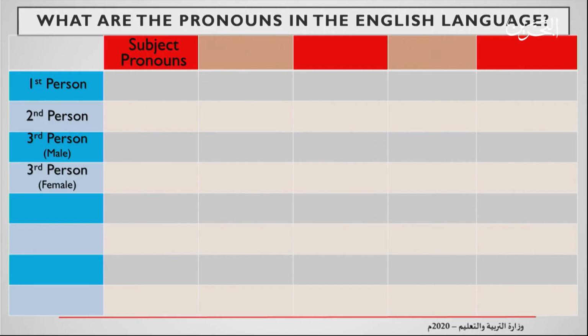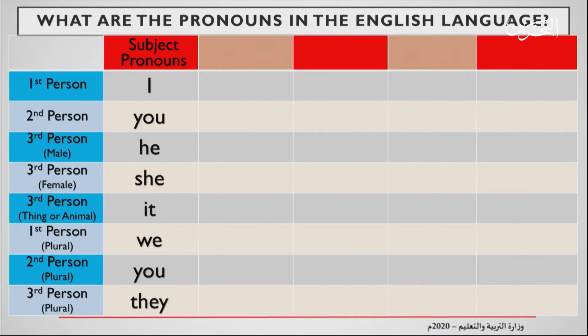And then we have third person female. Third person thing or an animal. First person plural. Second person plural. And then we have third person plural. Subject pronouns: I, you, he, she, it, we, you, they.